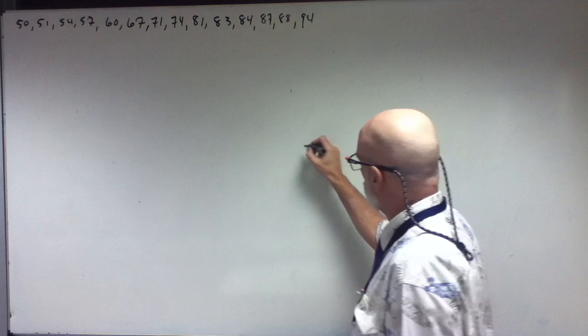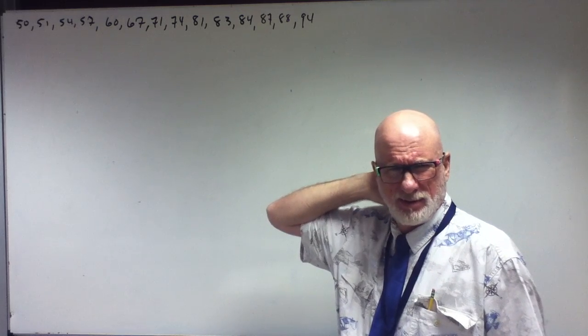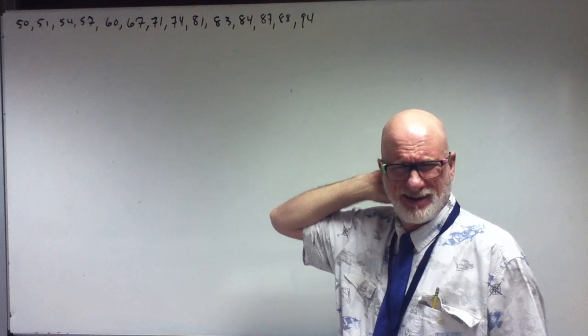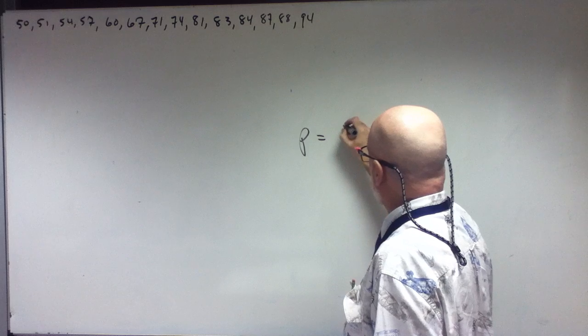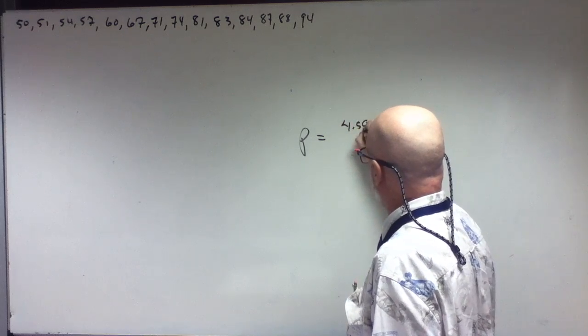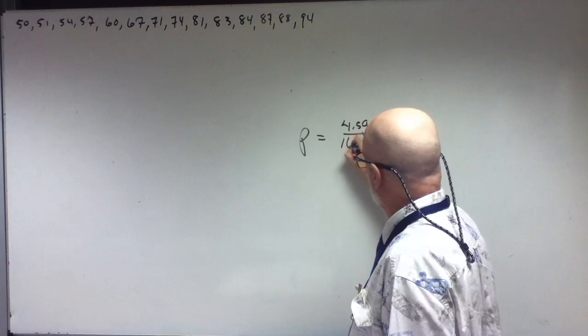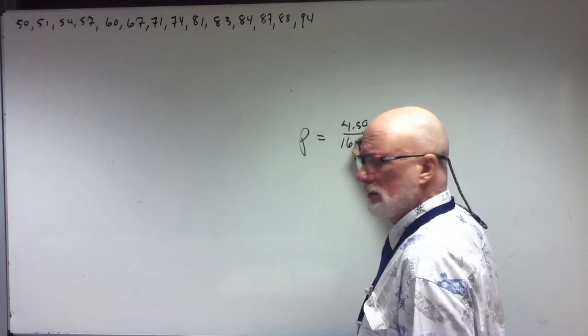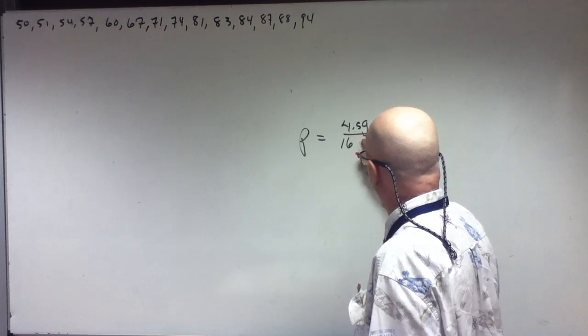All right. So what were we solving for? Pressure, right? So what were the values? 4.5 grams over 16, right? Gram molecular weight, gram moles, right?